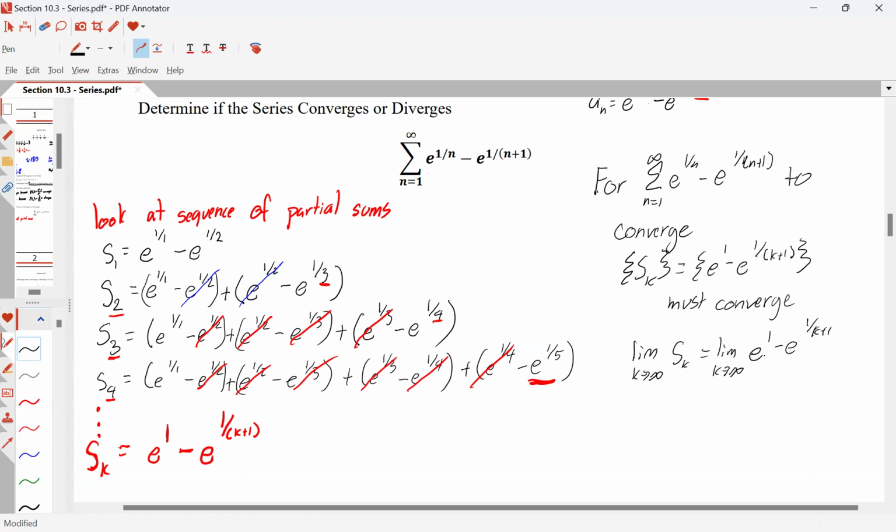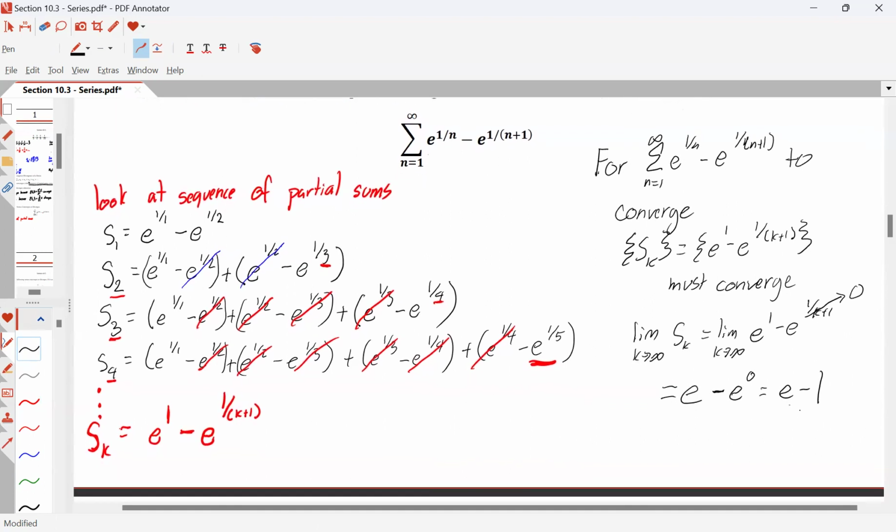E to the first isn't controlled by k, that stays e. For e to the 1 over k plus 1, 1 over k plus 1 goes to 0 as k goes to infinity, and e to the 0 is 1. So the limit of the sequence of partial sums is e minus 1, meaning the sequence of partial sums converges.